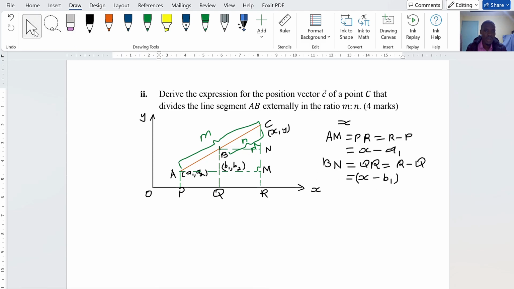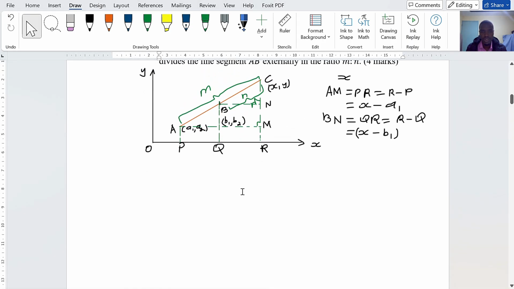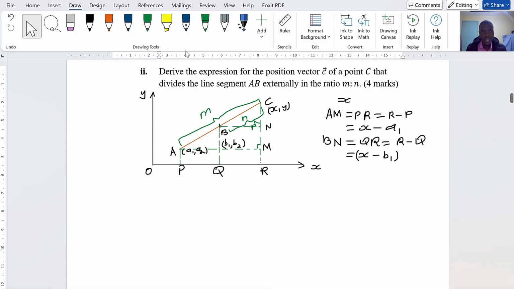Now let's do the same for Y. Maybe just to maintain this, let me put it here, and then we'll consider going in that direction to the left. Now for Y, we have vertical distance. For the first triangle, the vertical distance is CM.